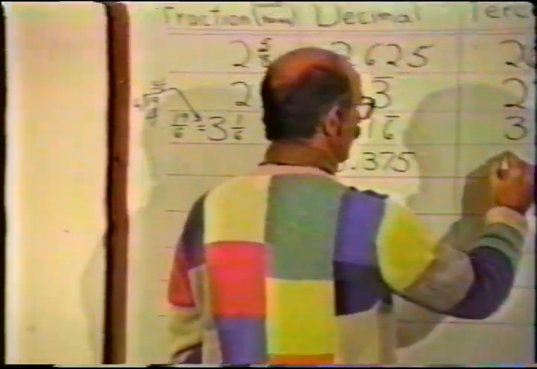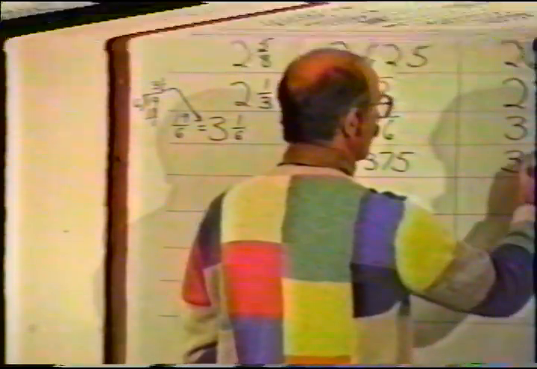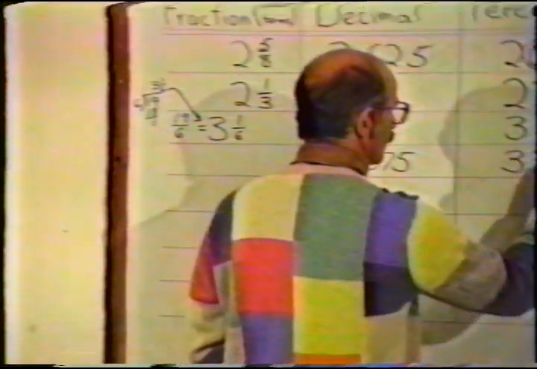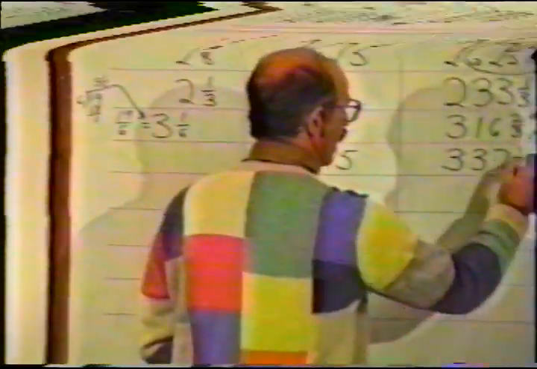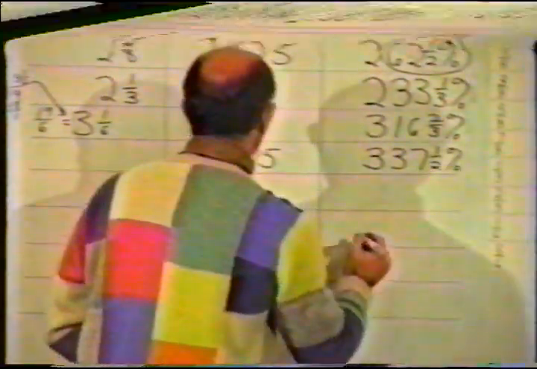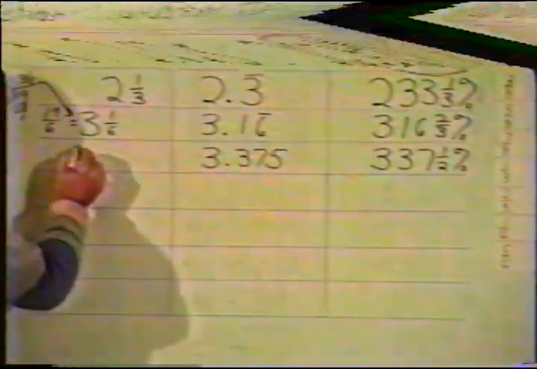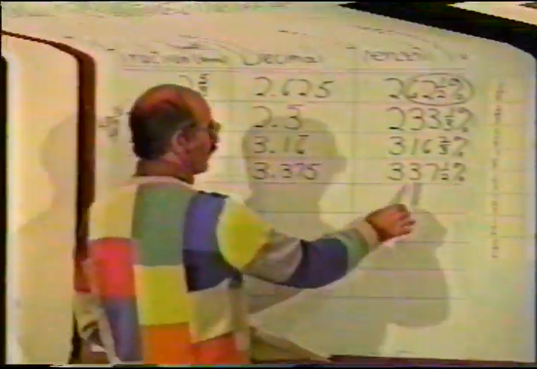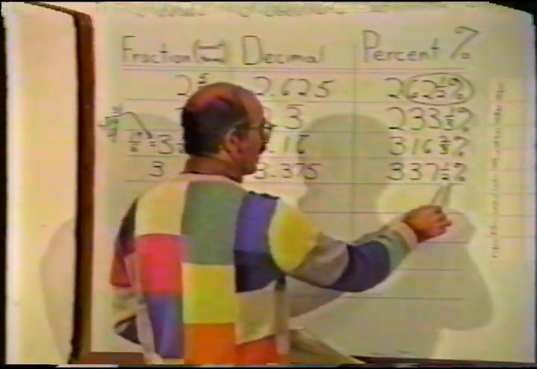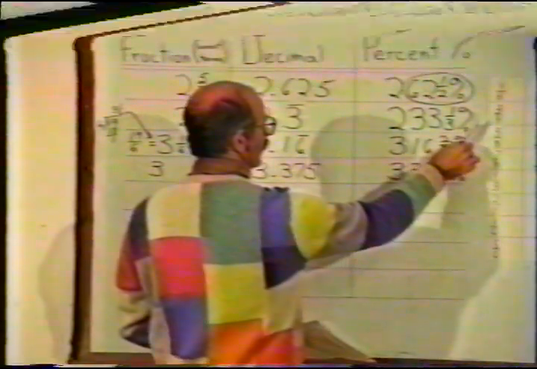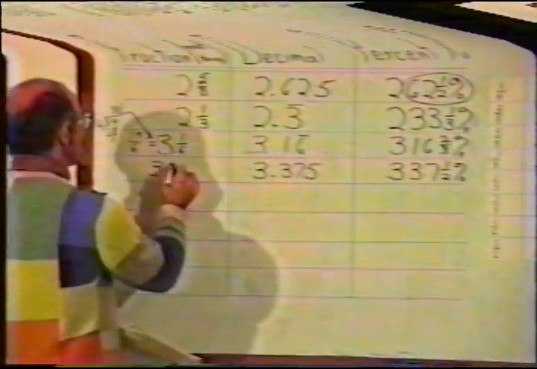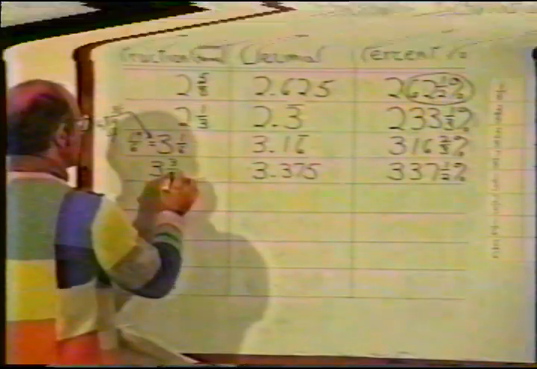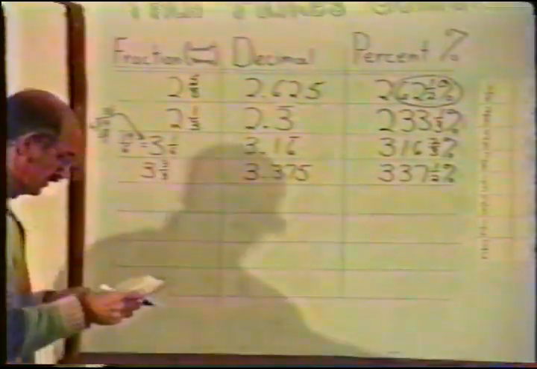So the whole thing is 337 and 1/2%. The 3 and what is the fraction that 37.5% came from? 3/8. 3 and 3/8.